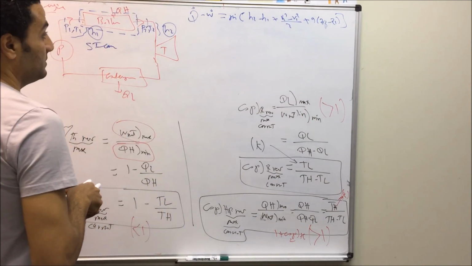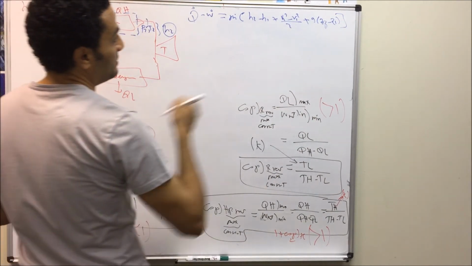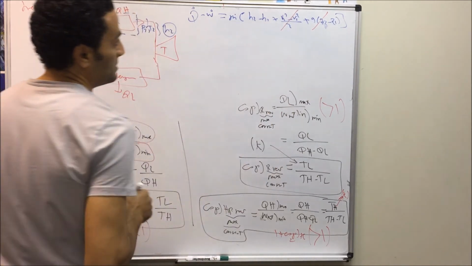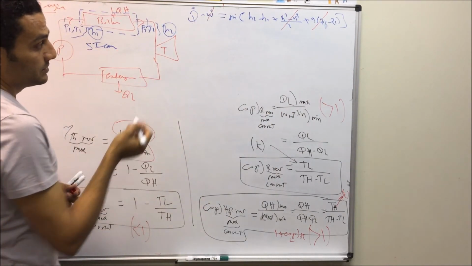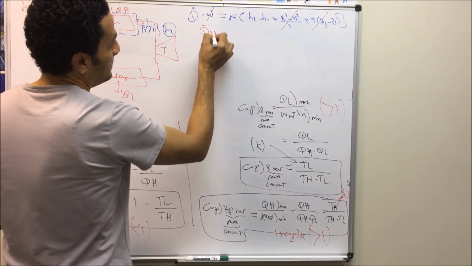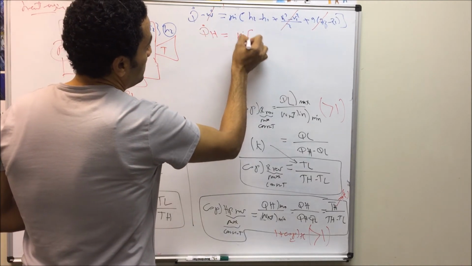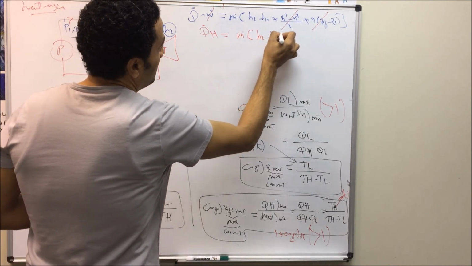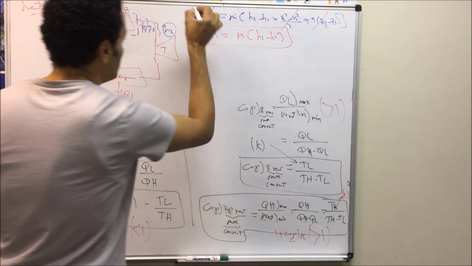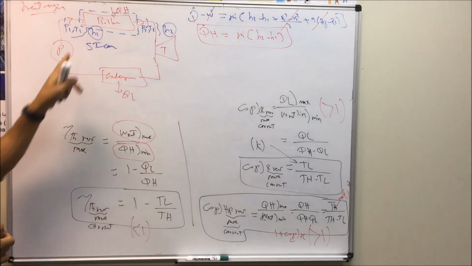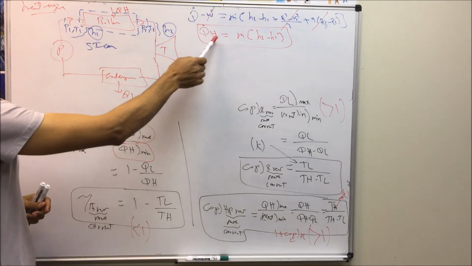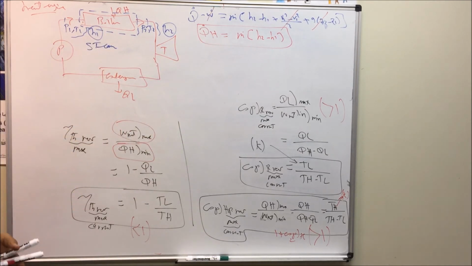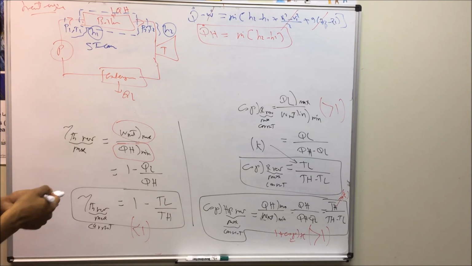Usually the inlet and outlet of the boiler are at the same elevation, and we neglect the change in kinetic energy. For this boiler we don't have work, so Q high in the boiler equals m dot multiplied by (h2 minus h1). So he may give you the working fluid and the conditions at the inlet and outlet of the boiler, and we can calculate Q high as m dot multiplied by (h2 minus h1).